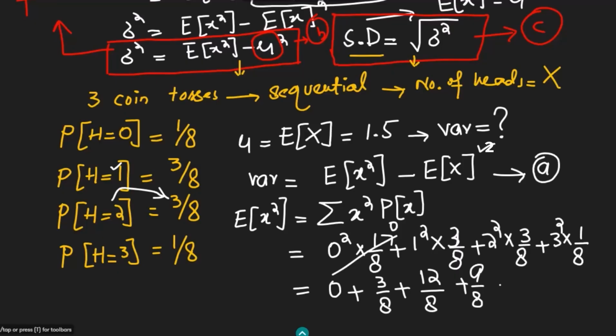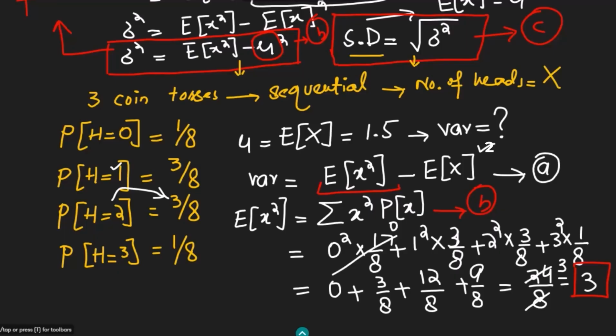So we get 12 plus 9 plus 3, that is 24, over 8, and that would be 3. This is the expected value of x square. So this was B, and this was A.